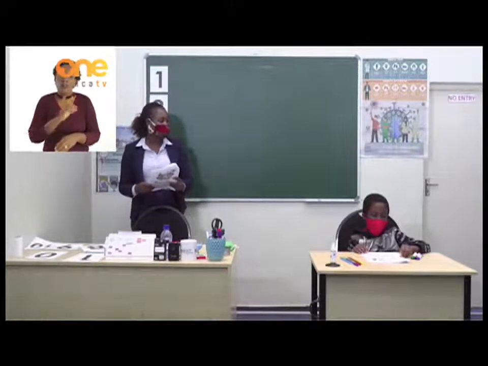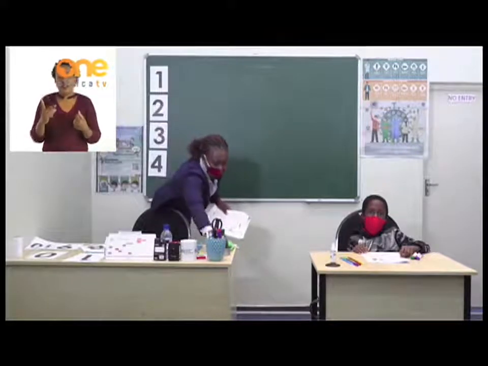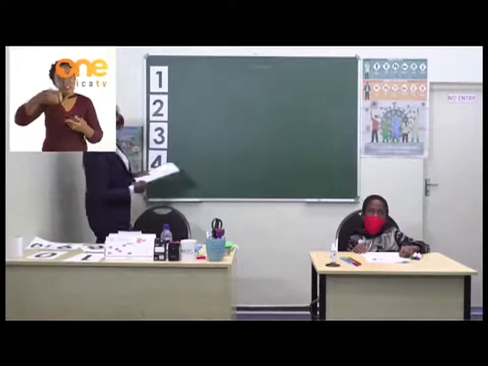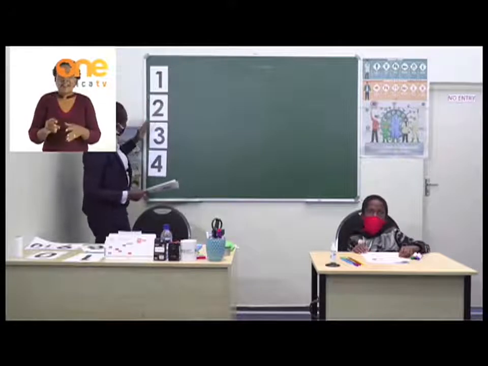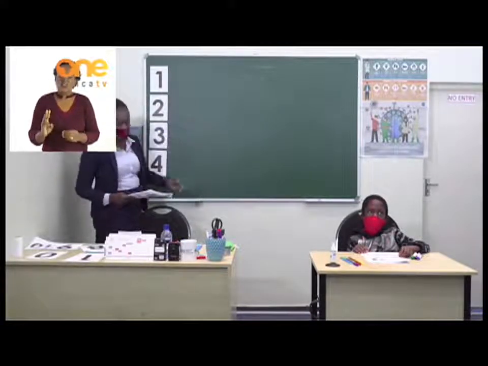10, 20, 30, 40, 50, 60, 70, 80, 90, 100. Very good. Another easy way of remembering the missing numbers is to start by writing our numbers 1, 2, 3, 4, up to 10.